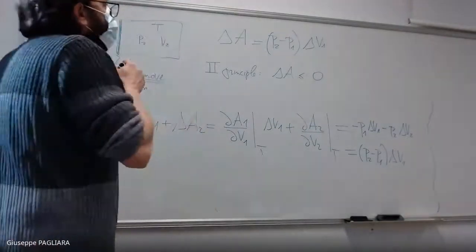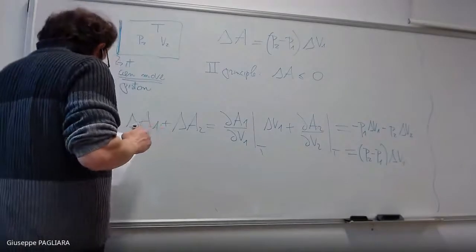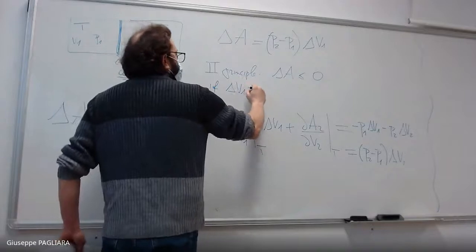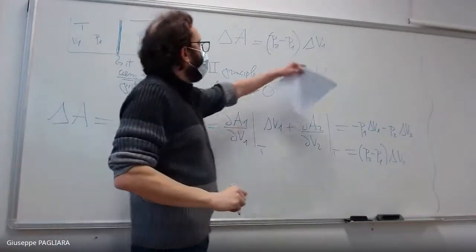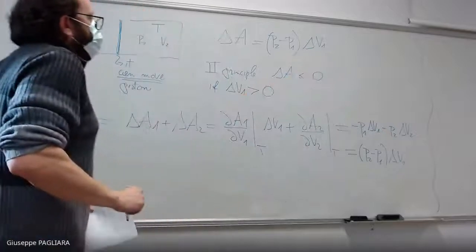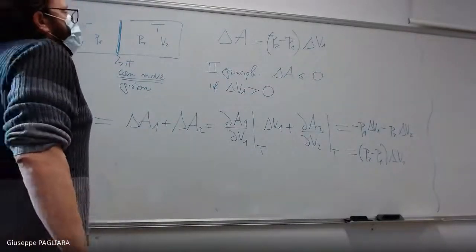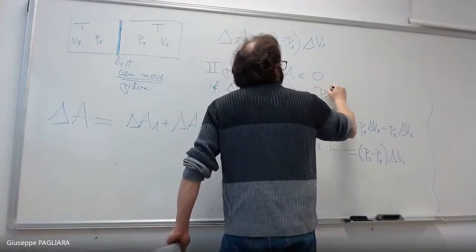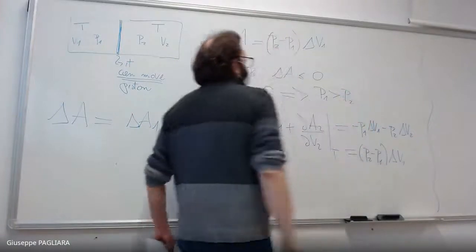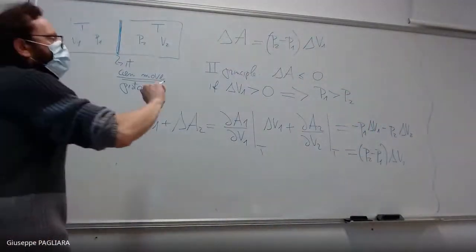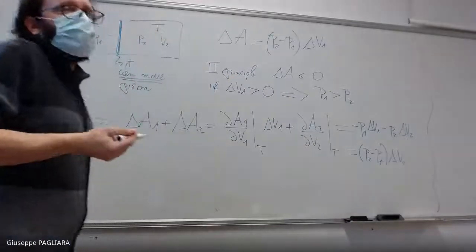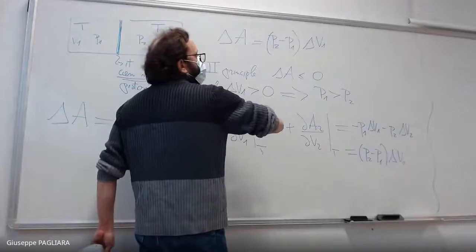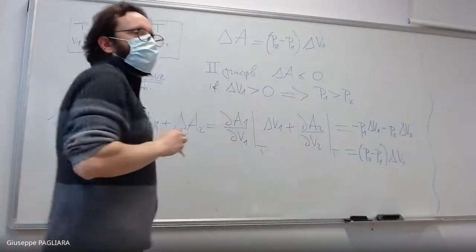Therefore, if delta V1 is larger than 0, that implies that P1 is larger than P2 in order to have delta A negative. So if this is positive, this must be negative, and therefore P1 must be larger than P2.